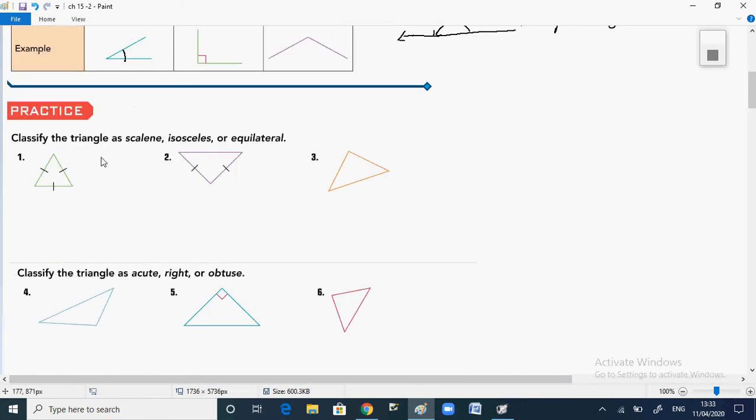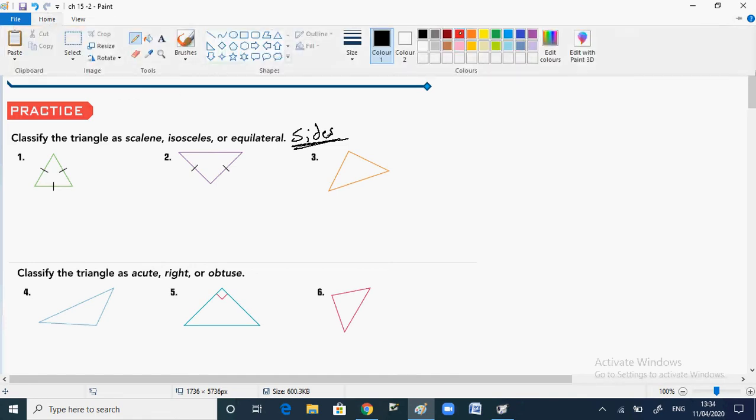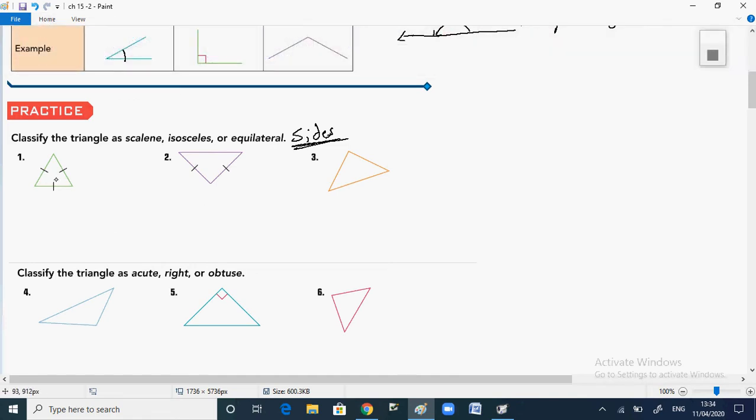Now let's classify the triangle as scalene, isosceles, or equilateral, that means based on their sides. Let me change the color now. Red is better. So all sides here are equal. That means it's what? Yes, excellent, it's equilateral.